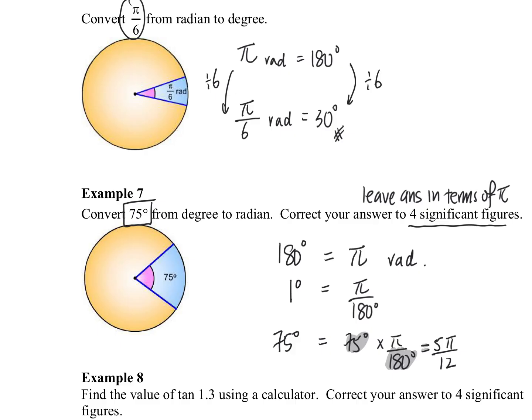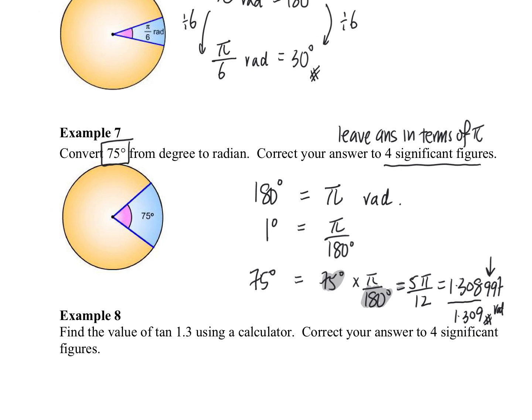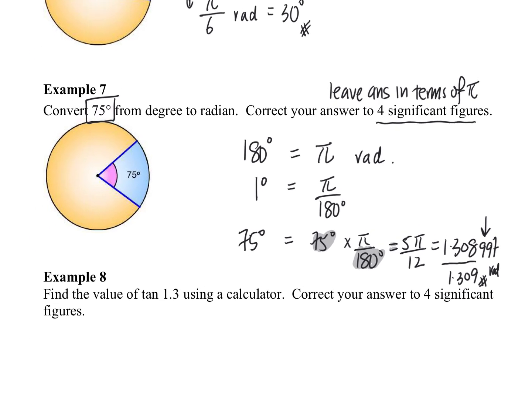But if not, like what the question want, then you give me 4SF. So look at the one to the right. So it's 1.309 rad. If you can skip step, then you just quickly go to the next step. No need to always go and find 1 degree.